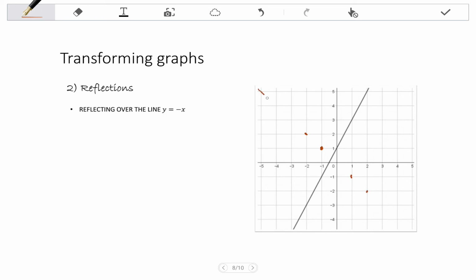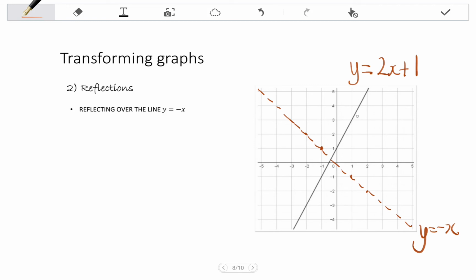Okay, so if I just draw a dotted form of the line y equals -x, that is the line that we are reflecting over, and we still have the same graph, y equals 2x plus 1. Okay, so again, if I reflect over a line, it's like folding along that line, and I must have a mirror image across that line.